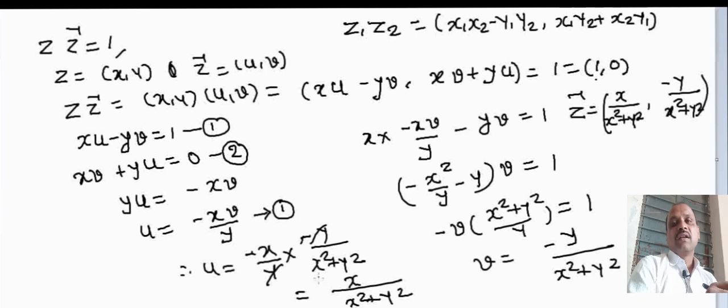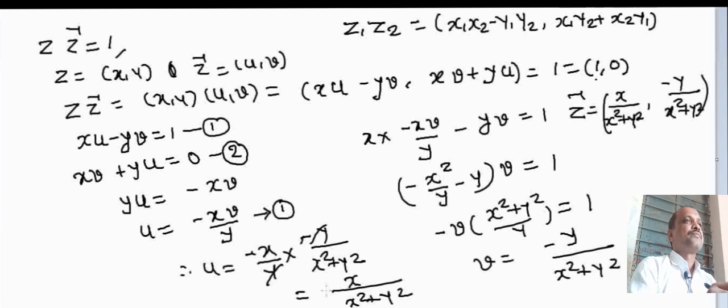Whenever my complex number z is of the type x comma y, then I am getting the z inverse as x divided by x square plus y square comma minus y divided by x square plus y square. This is the inverse of a complex number x comma y. x comma y is any complex number.